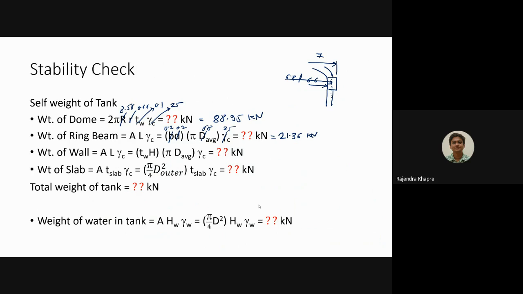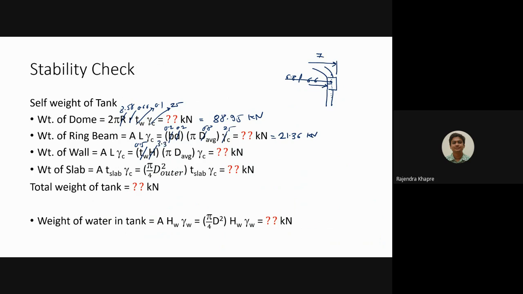Then we have to find out the weight of the wall. The thickness of the wall, I think we have assumed as 0.15. The height of the wall, remember the depth of the water was 3 meters, isn't it? And the height of the wall we have taken as 3.3 including the freeboard, isn't it? Please check. Okay, so here we take the height of the wall as 3.3.